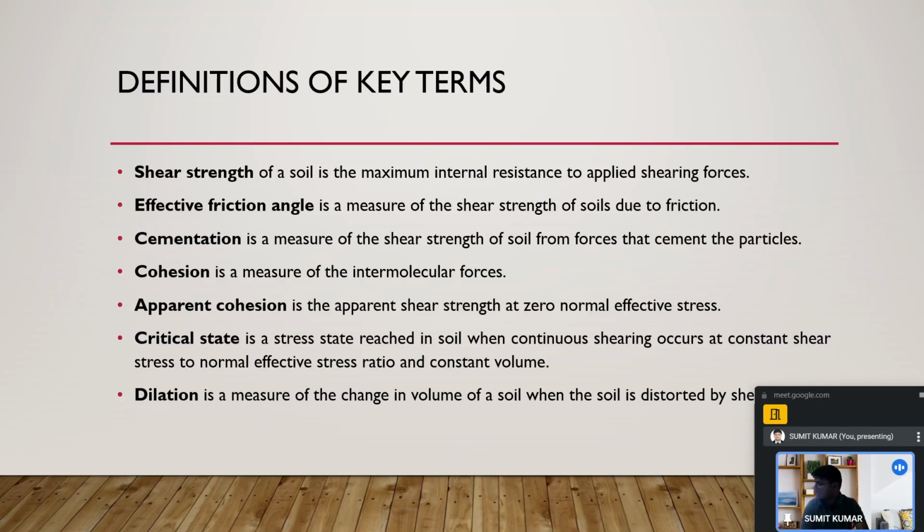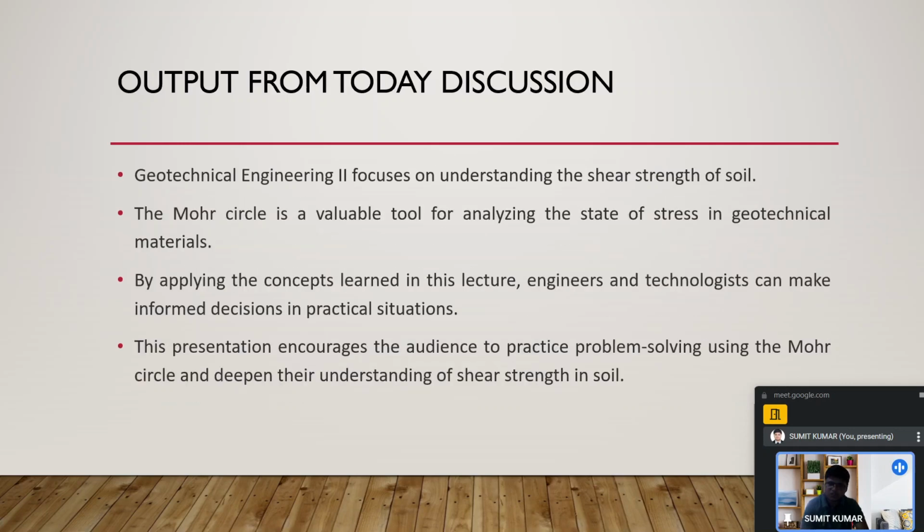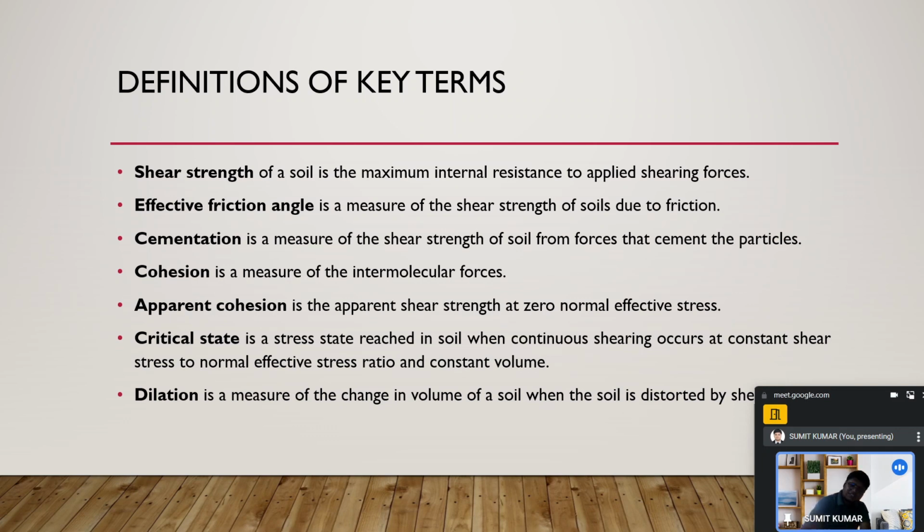Those aspects will be taken care of in our discussion. The definition of key terms is equally important. You should go across those terms, as terms and definitions may appear in important problems in your exams. So, those are the outcomes we discussed during the earlier sessions.